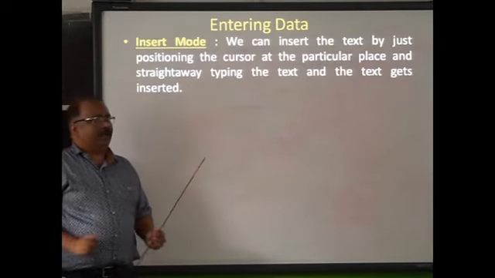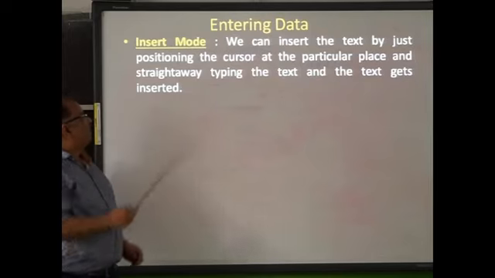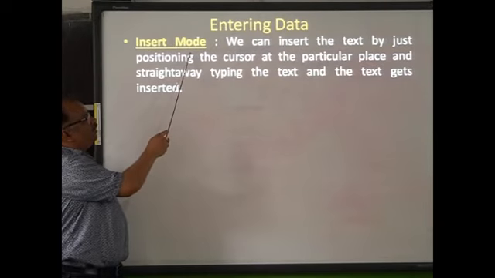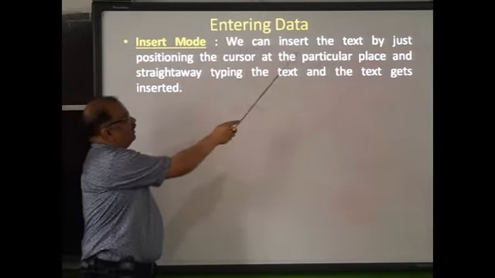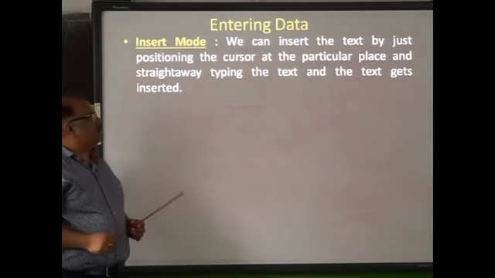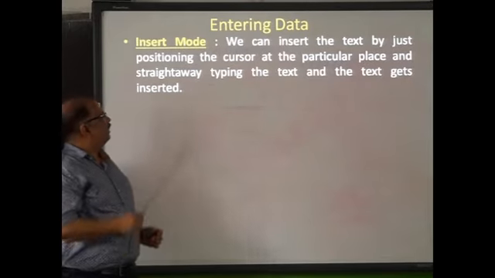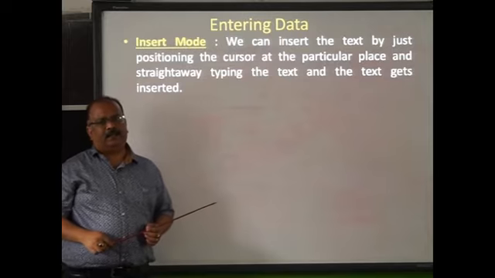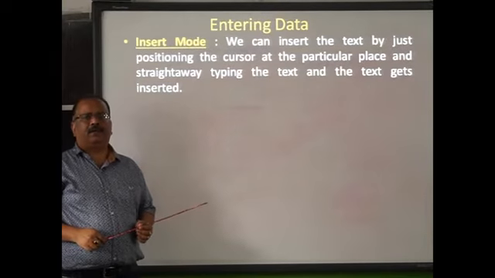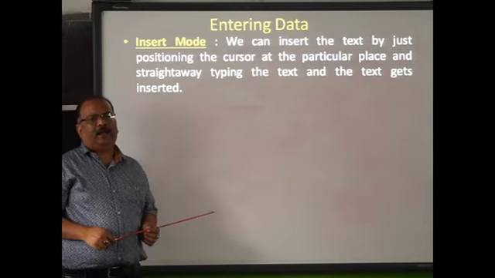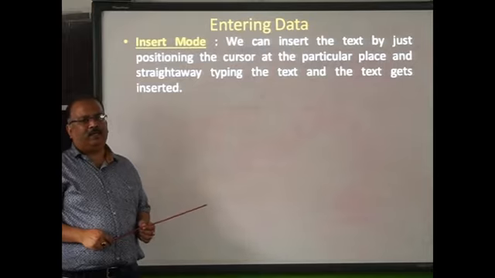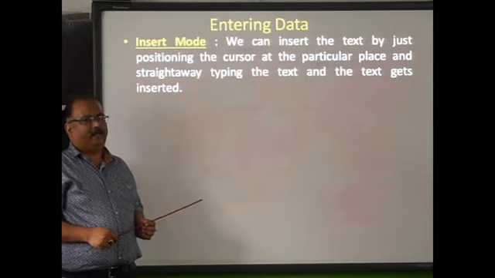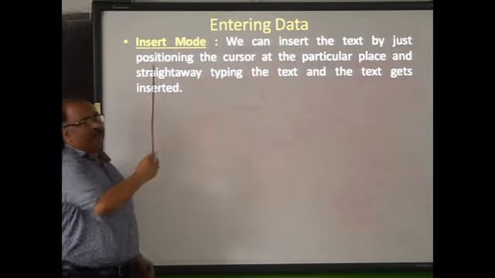Now entering the data, there are two modes. One is insert mode, where we can insert the text by just positioning the cursor at the particular place and straight away typing the text, and the text gets inserted. So take your cursor to any of the cells and start typing whatever you want, and then that will be inserted. So it is called insert mode.